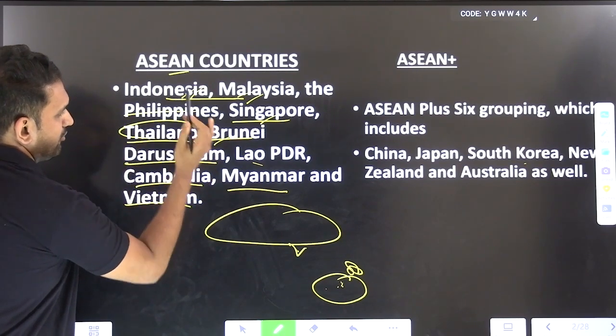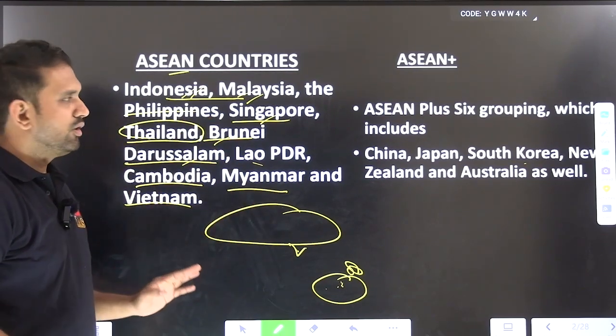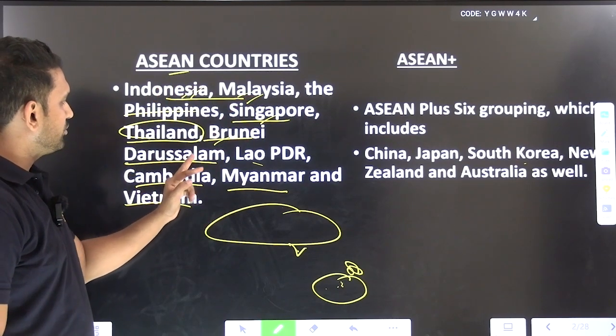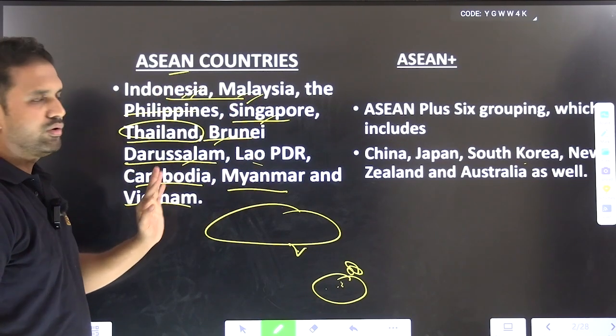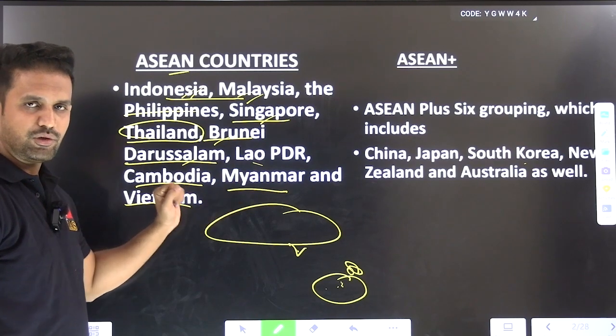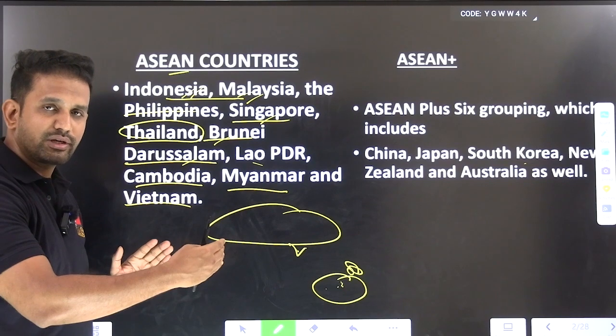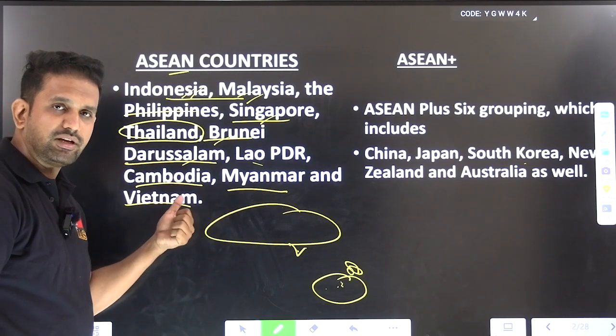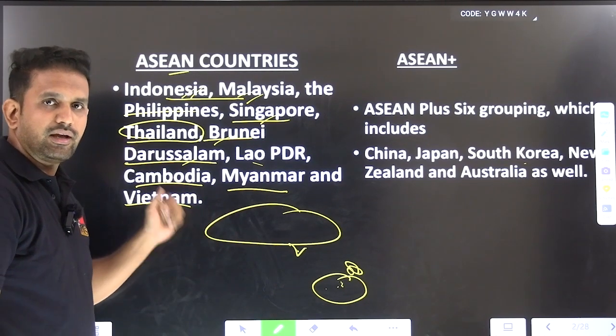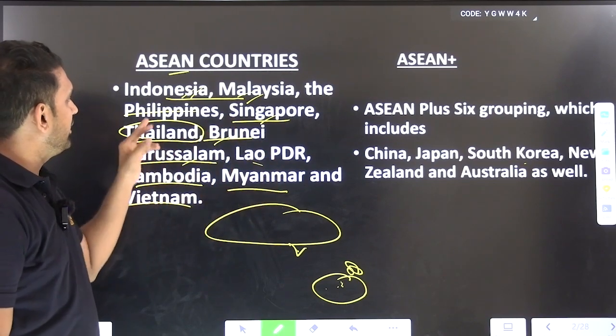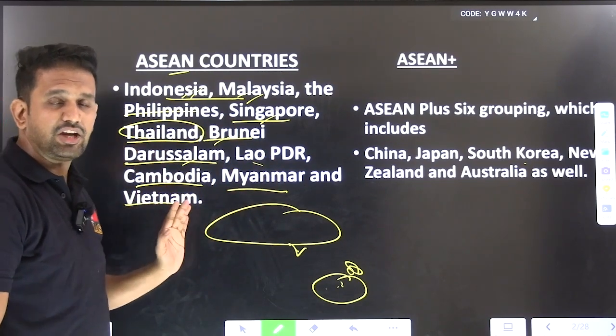Remember Philippines separately, that's all. So Indonesia, Malaysia, Brunei Darussalam, Singapore, Laos PDR, this one you remember. Apart from that, to the east of our country, we have Myanmar, Thailand, Vietnam and Cambodia. Then we have an independent one, that is Philippines. Remember this point. This is the ASEAN grouping.